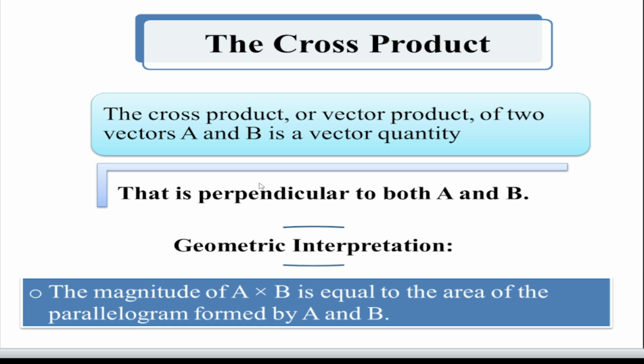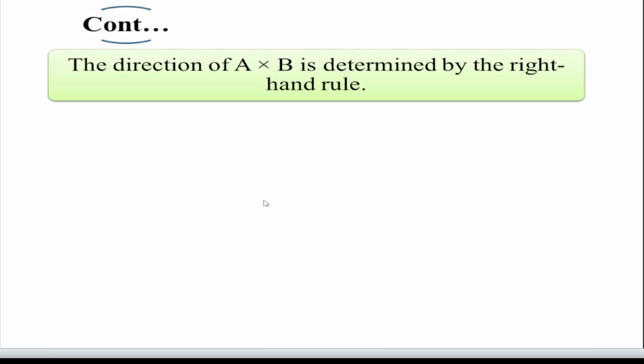Look here, the magnitude of A cross B is equal to the area of the parallelogram formed by vector A and vector B. Great. If this is so, the direction of A cross B, that means the new vector, is determined by using the right hand rule.